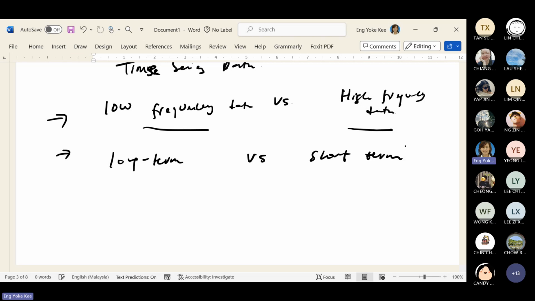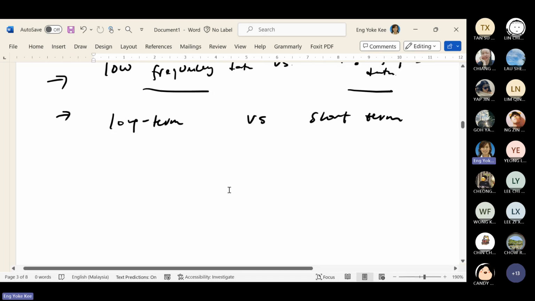For example, interest rate, you have a short-term interest rate, you have long-term interest rate, right? This kind of data, they behave differently.